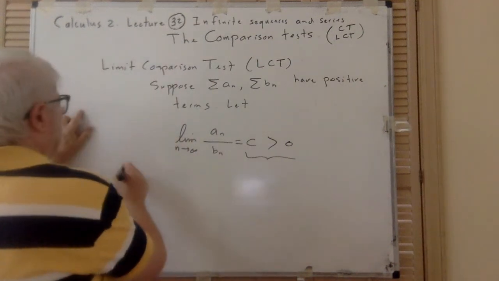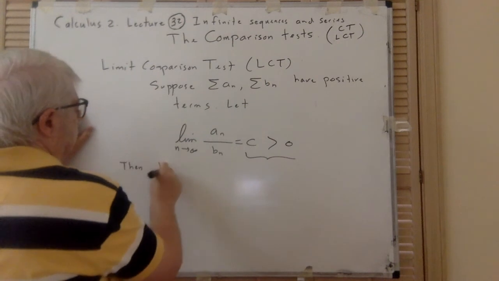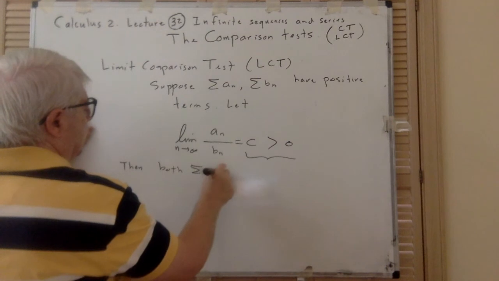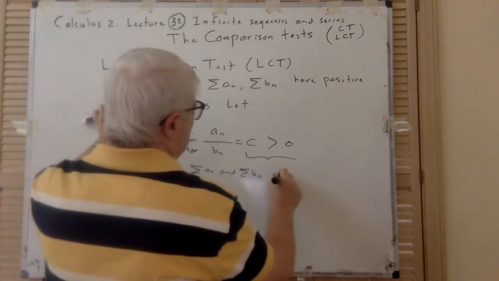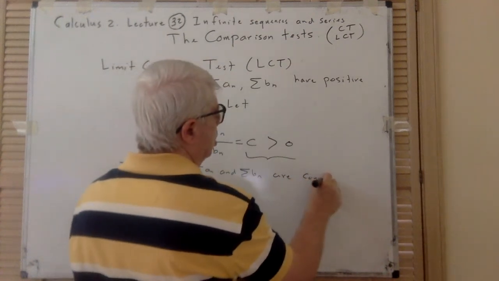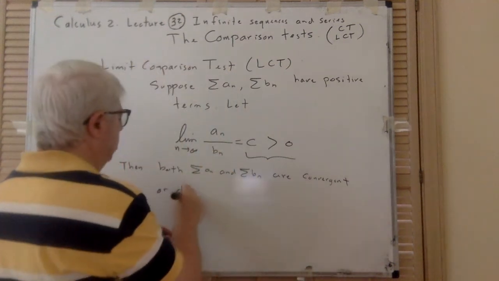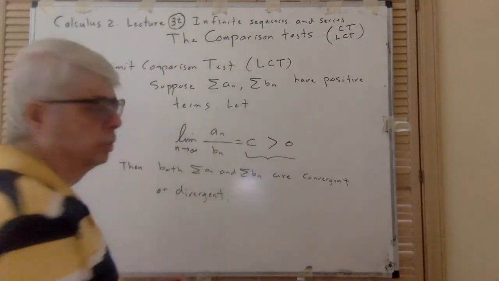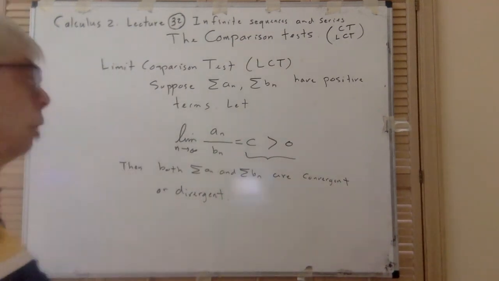Then both sigma AN and sigma BN are convergent or both divergent. Okay? They are both either convergent or divergent.